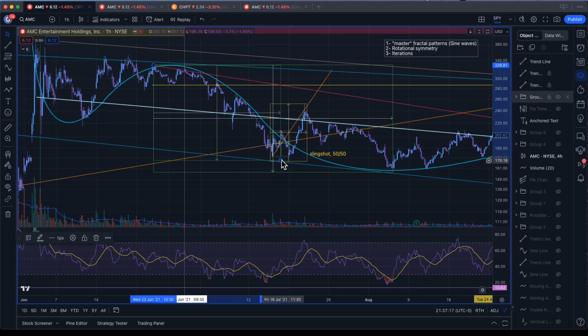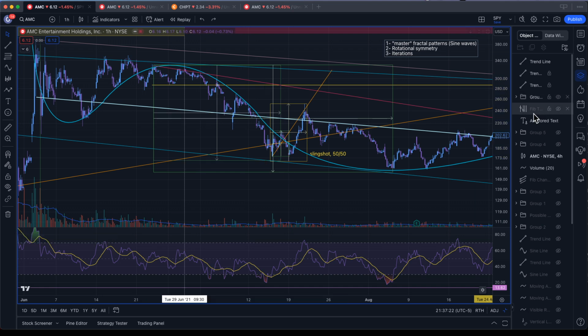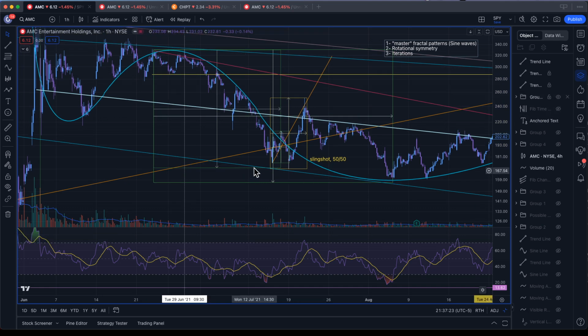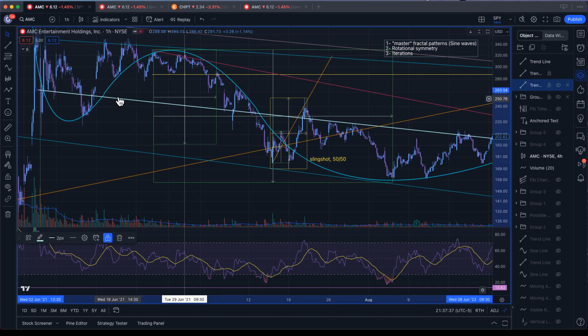These are just boxes that you can use to help measure out moves, all right? First thing you'll note is that the main move down, that 50% ends up being roughly where this middle structure is. Okay, you can see that. But another thing that's really interesting is you see that midline right here? That midline's that blue line that cuts through it. That's the midline on the whole structure.